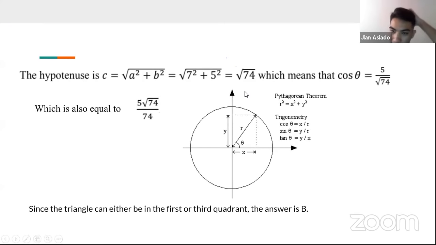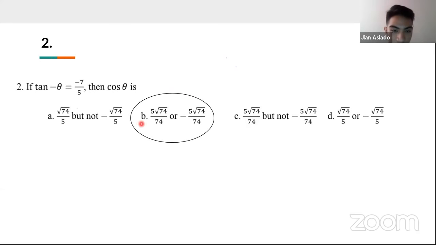Okay, and then, so there, you can get cosine theta, which is also equal to, this, rationalize it. It's the same. Since the triangle can either be in the first or third quadrant, the answer is B. And it's letter B.